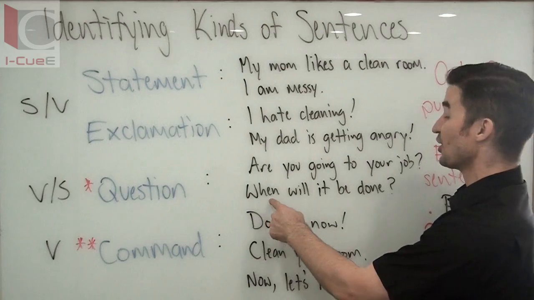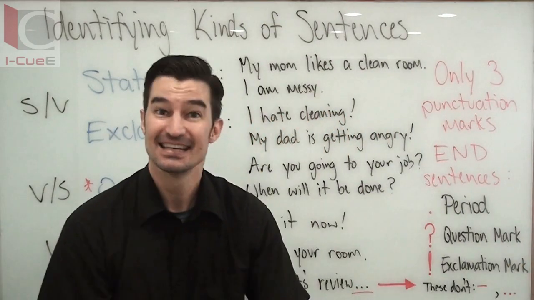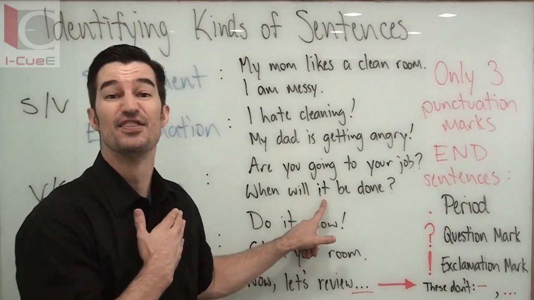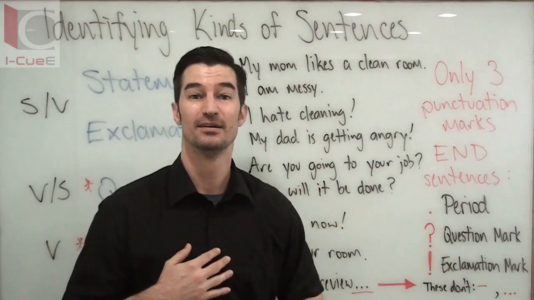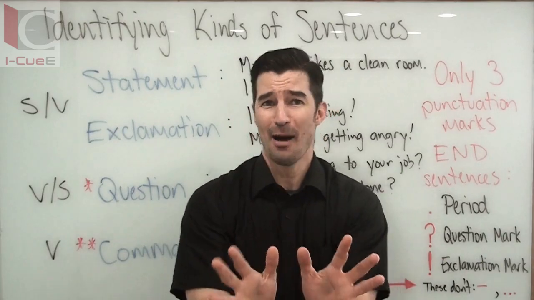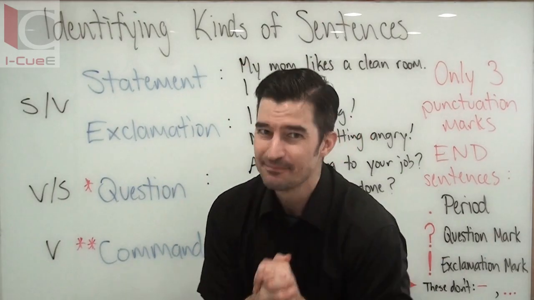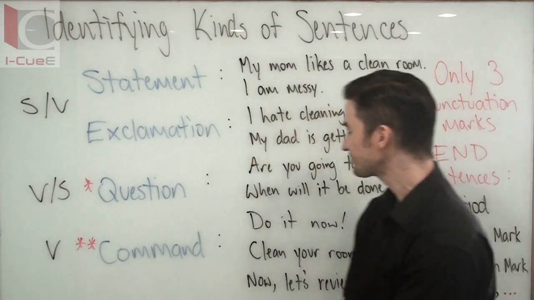And you can see here, when will it be done? It is the job. This is the subject. My job, the job of cleaning my room, will be done by the time you get home. I swear, I promise. Please, 10 more minutes with my video games. Right, 10 more minutes playing games. Wow.